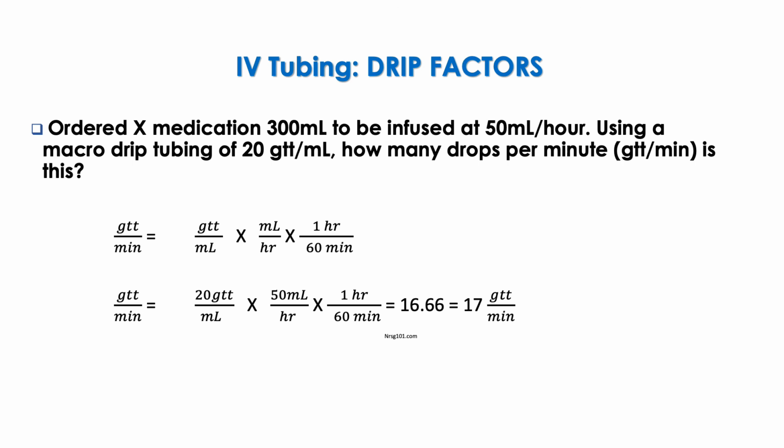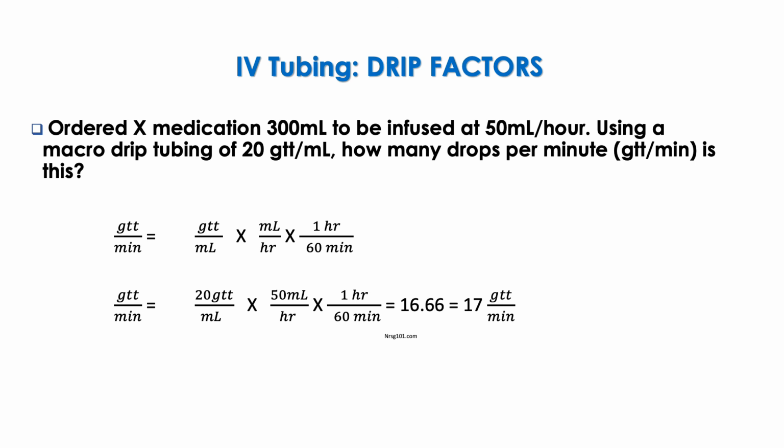We're going to figure that out using dimensional analysis. So drops per minute equals my drop factor, which is 20 drops per ml. I'm starting out with drops. That's what I'm looking for. And then I'm going to try to get rid of milliliters. So I look back at my problem. Where is milliliters?